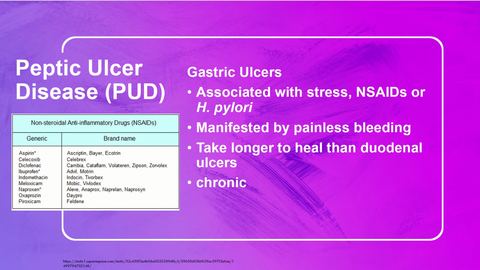So these ulcers can be caused by stress, NSAIDs, or H. pylori, and they're manifested by painless bleeding, and they take longer to heal than duodenal ulcers, and they are considered to be chronic.